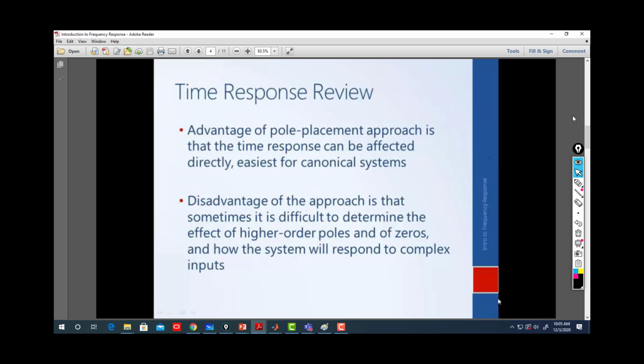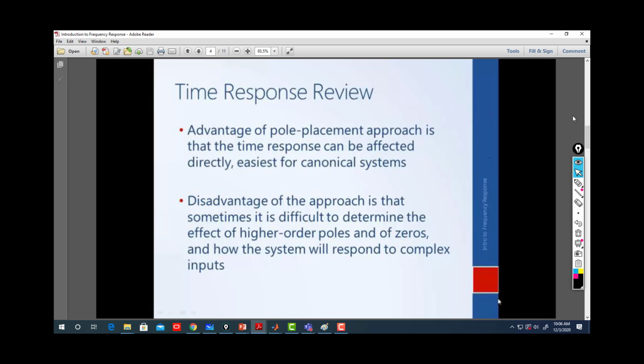Whether pole placement is done by algebra or root locus, we can call both of them pole placement, because by changing the gain you are moving the location of your closed loop poles to meet your desired location. So what is the disadvantage of this approach, the pole placement or time domain approach?